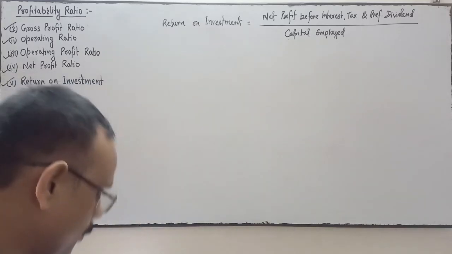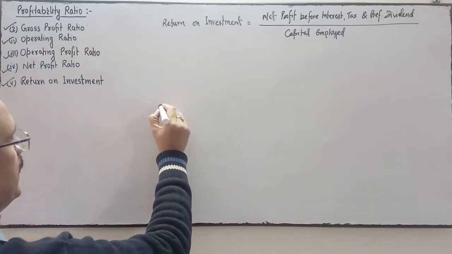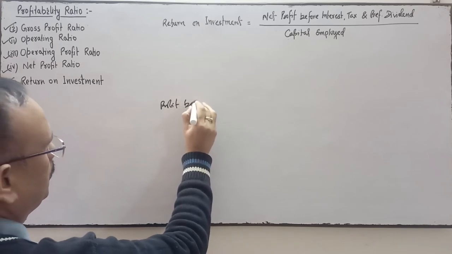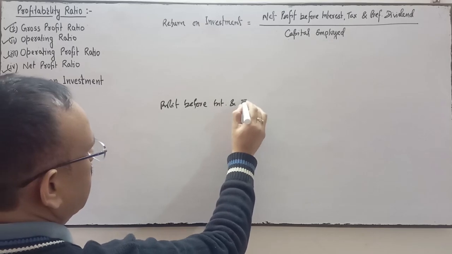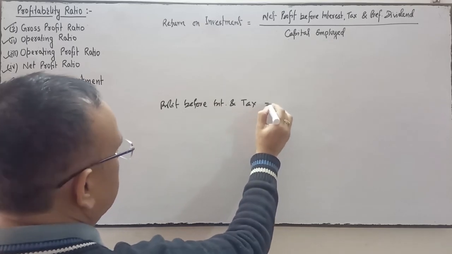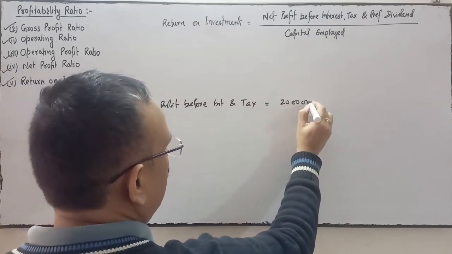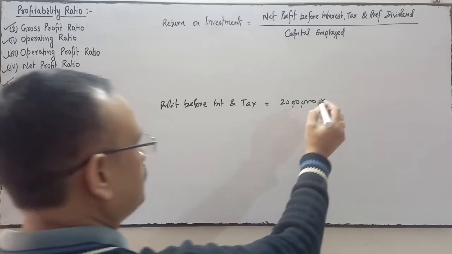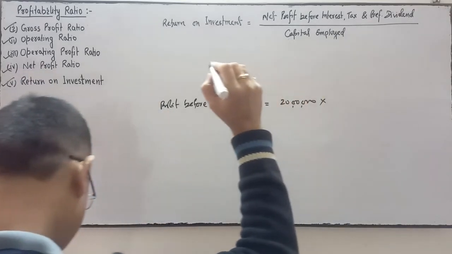The company has raised a loan of rupees 20 lakhs. So as per the ROI, return on investment, profit before interest and tax from the loan component of 20 lakhs, on this amount the company will get the return at the rate of 25%.